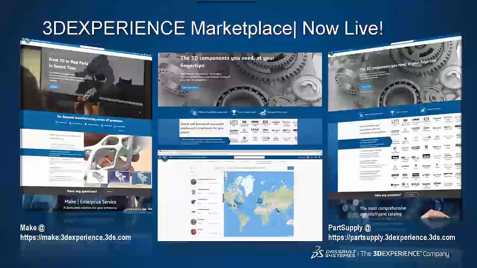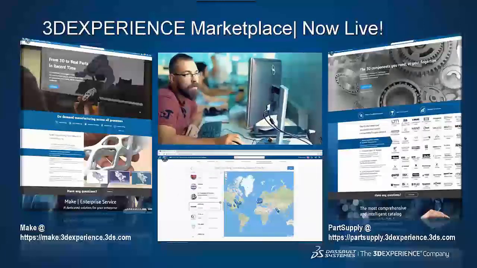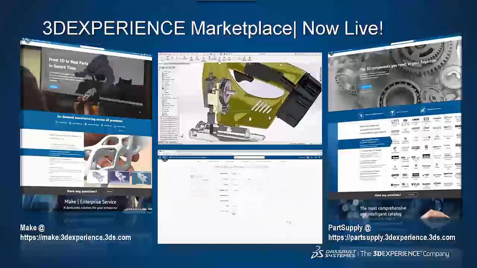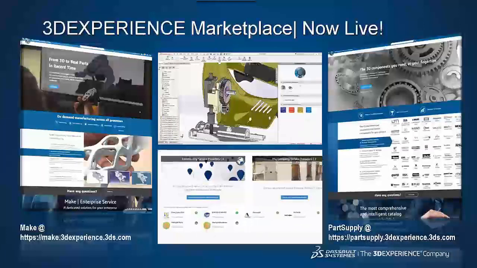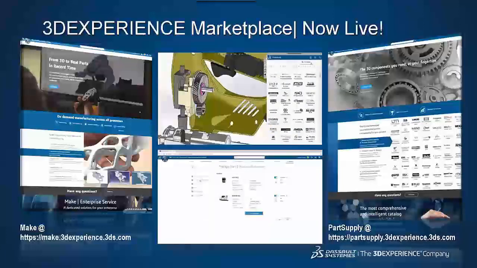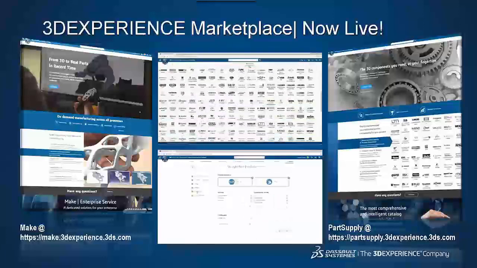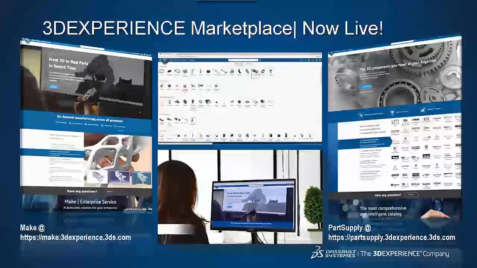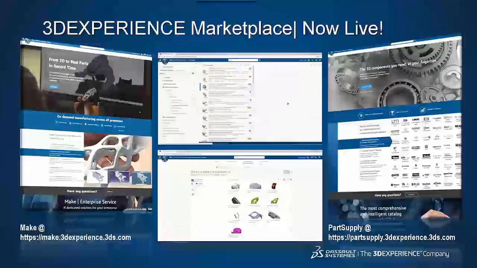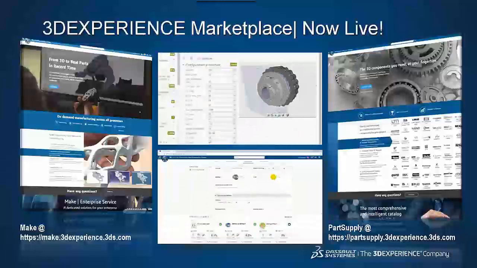So depending on what you need, each of these marketplace services, Make or Part Supply, consists of both a community offering, and think of that as being public and accessible to everyone, but there's also an enterprise service offering, which really gives organizations some additional value to let them have control over their internal and external ecosystems for that process of design through manufacturing.